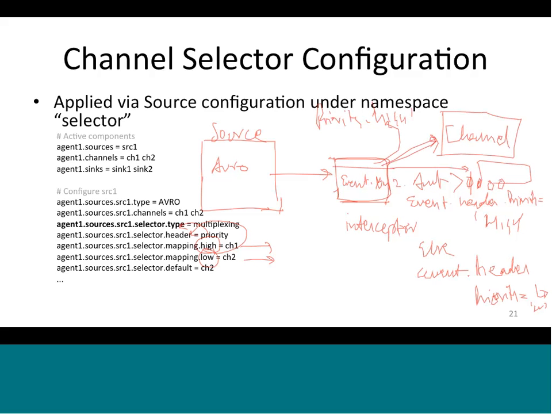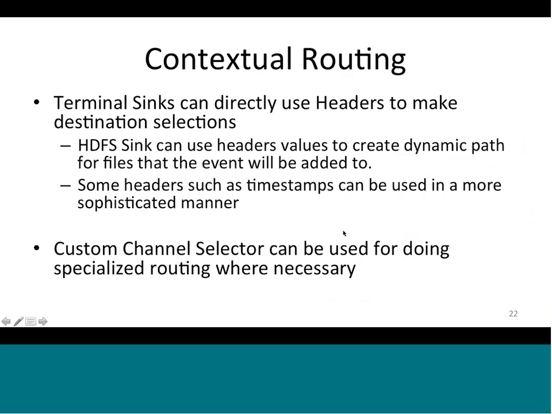So if the framework realizes that the field is priority and its value is high, then it will forward it to channel number CH1. If it is low, it will forward it to channel number CH2. Now, associated to this are its own sinks, S1 and S2, and they will manage their corresponding channels themselves. Make sense? Okay.